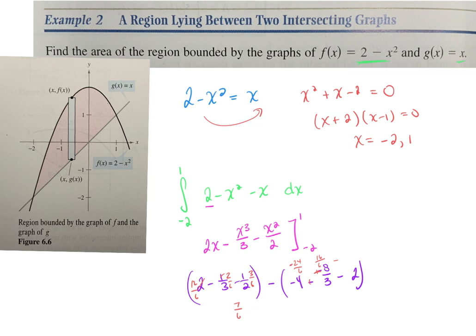And this is 12/6. So negative 24 plus 16 minus 12, what, negative 20/6? So minus a negative 20 is plus 20. 27/6. Divide by 3, we get 9/2. That is my answer.